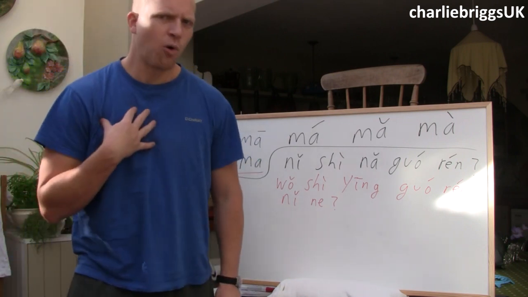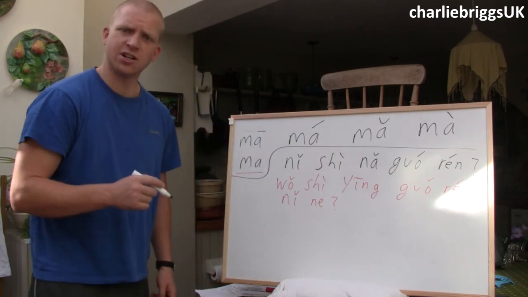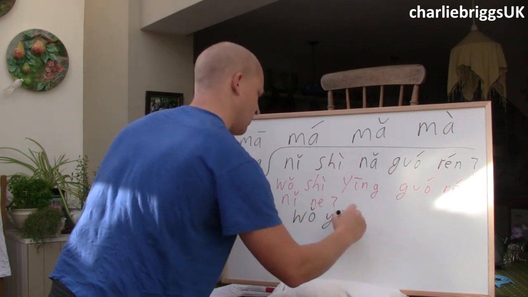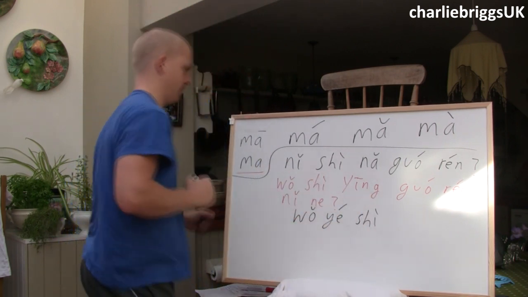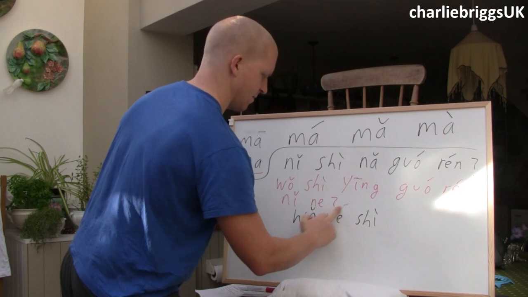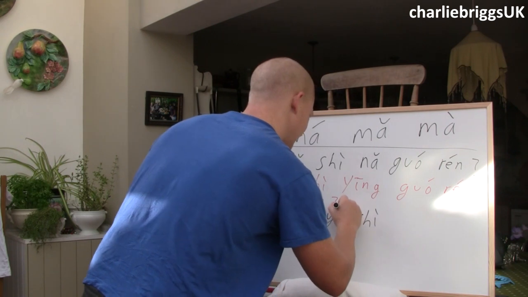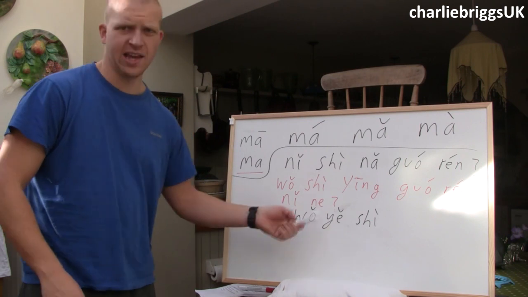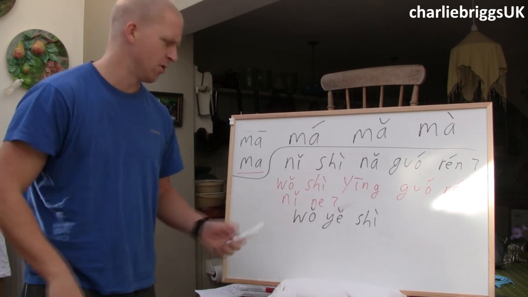You can say I also am English. 我也是. Sorry, that's the third tone. I'm making this video in a hurry. Okay, 我也是, I also am, 我也是.